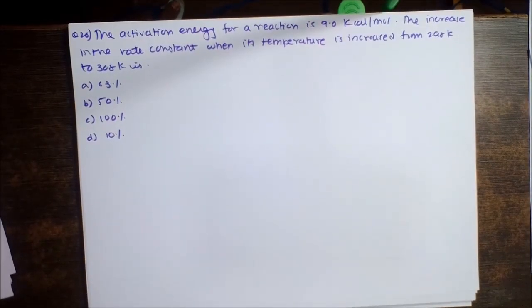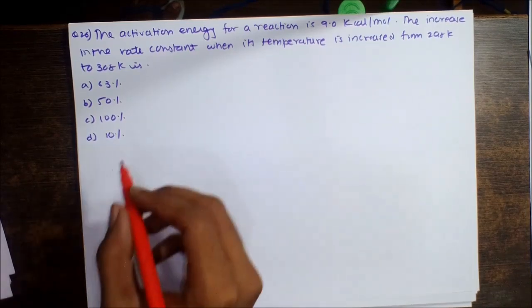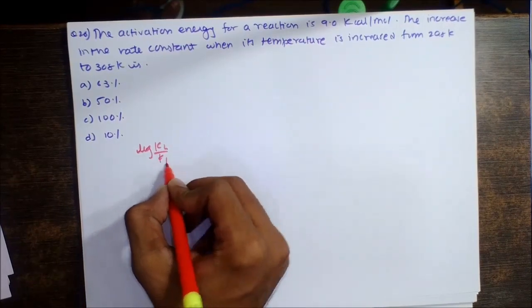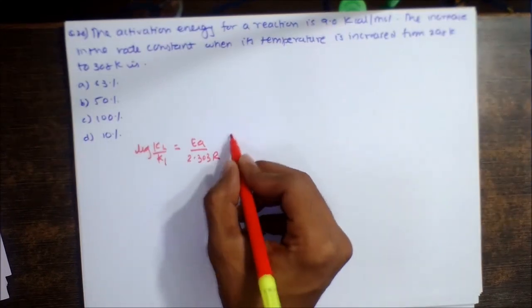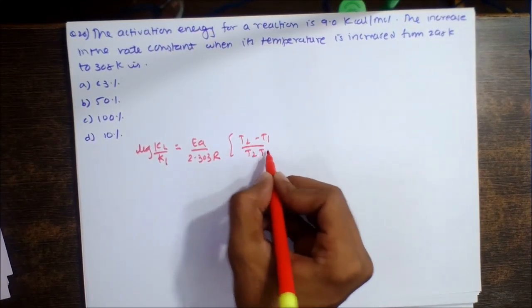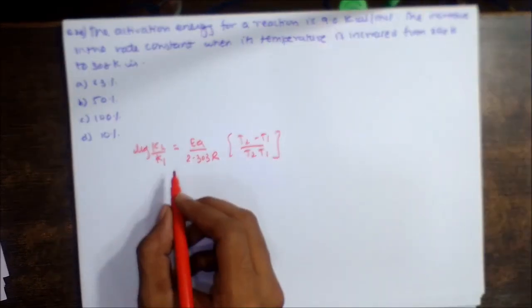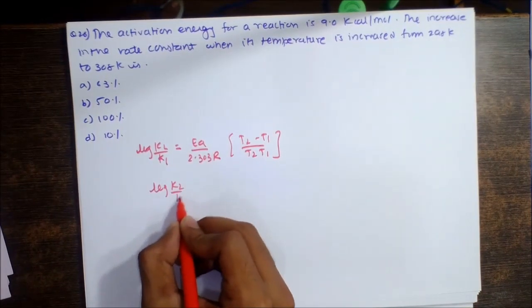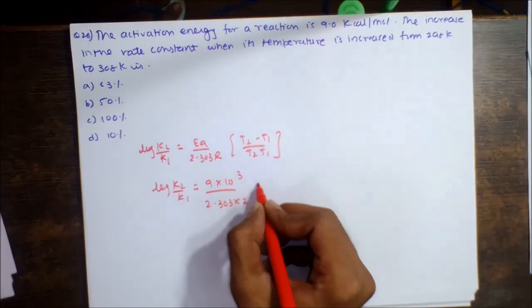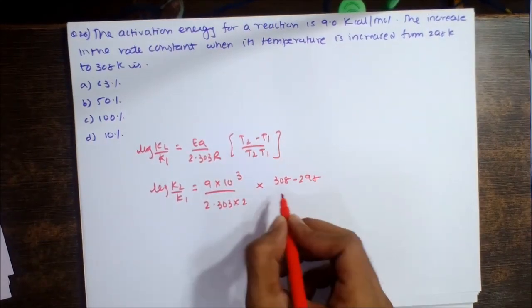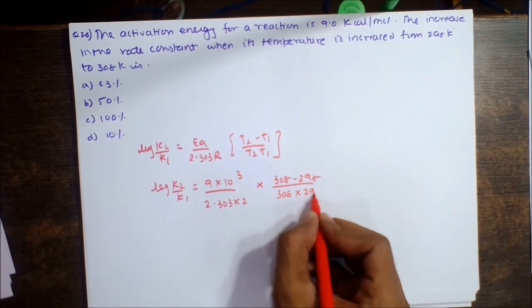Question 26. The activation energy for a reaction is 9 kilocalorie per mole. The increase in the rate constant when its temperature is increased from 298 Kelvin to 308 Kelvin. Log of K2 by K1 would be equal to EA upon 2.303 R T2 minus T1 upon T2 into T1. Here, log of K2 by K1 would be equal to 9 into 10 raised to 3 upon 2.303 into 2 into 308 minus 298 upon 308 into 298.